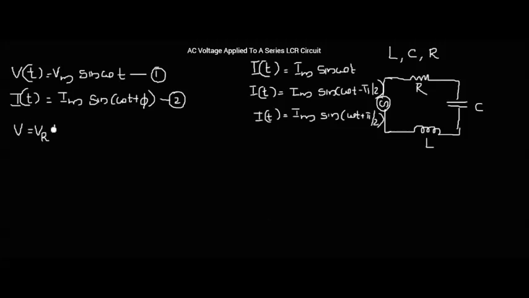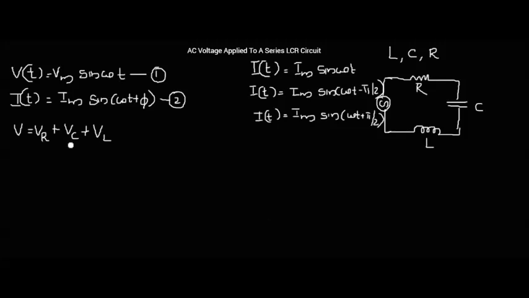That is, the voltage across the resistor plus the voltage across the capacitor plus the voltage across the inductor. The sum of the individual voltages will be equal to the total voltage across the series LCR circuit.